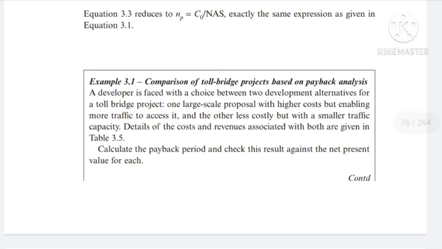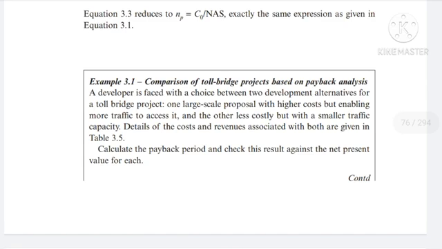So we have an example of the comparison of toll bridge projects based on payback analysis. So here's the problem. A developer is faced with a choice between two development alternatives for a toll bridge project. One large-scale proposal with higher cost but enabling more traffic to access it, and the other less costly but with a smaller traffic capacity.